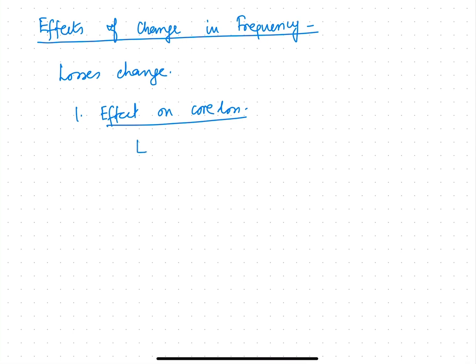We know that the EMF is equal to 4.44 f Bm A i N T, and the eddy current loss is equal to Ke f squared Bm squared, right?